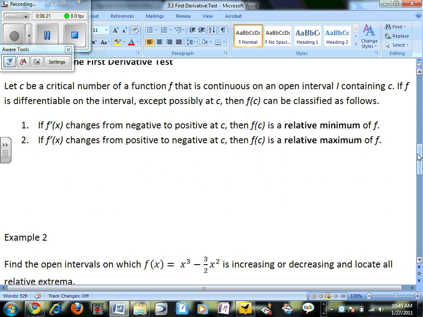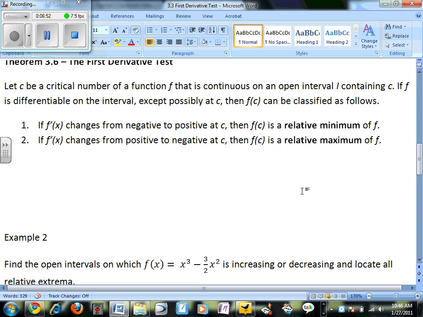If our slope changes from negative to positive, so my slope is decreasing, and at some point C, our slope all of a sudden changes from negative to positive, we're going to have a minimum. And the same is true the opposite way over here. If we find our critical point, and we're increasing, our slope is positive, and all of a sudden at C it starts changing negative on the other side, we know that we're going to have a relative max.